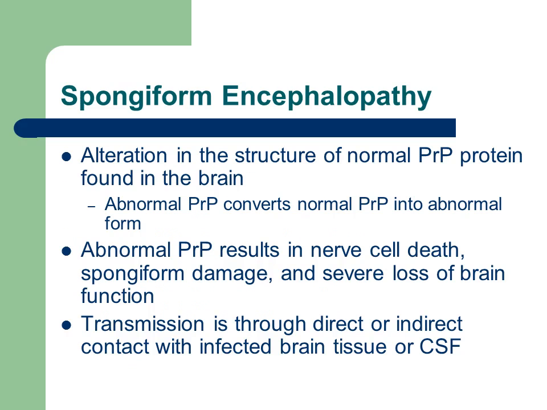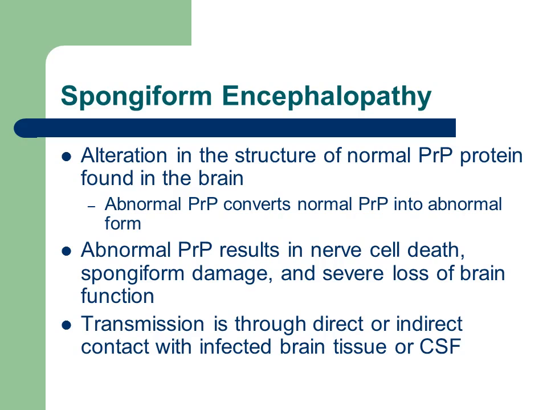So with these transmissible spongiform encephalopathies, what happens is when you get infected with a prion, it alters the structure of a normal protein that's in the brain to this abnormal form. You get an accumulation of this abnormally folded protein, which causes damage to the brain.